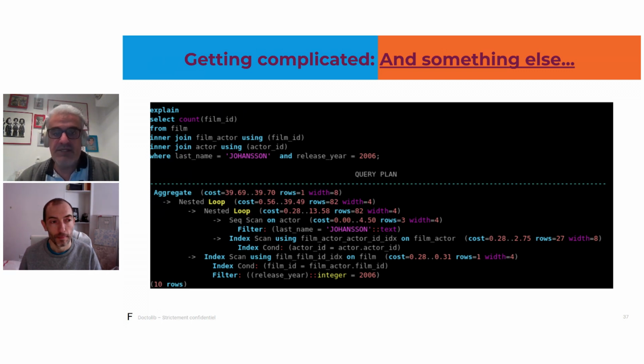So I will sequentially scan and filter out the last name that corresponds to Johansson. And then with nested loops, I will loop over all the results step by step. And in the end, I will aggregate to make the counting.